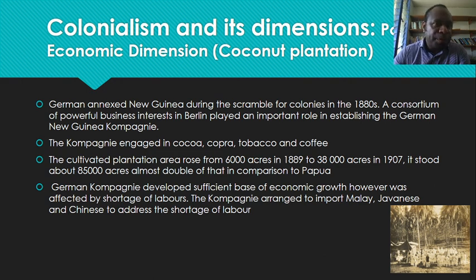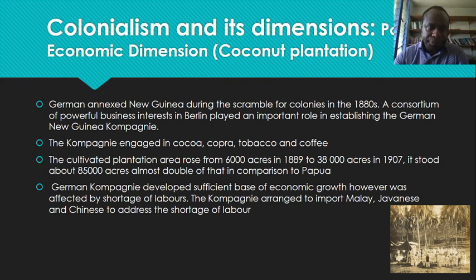A consortium of powerful business interests in Berlin played an important role in establishing the German New Guinea Company. So after that, through the New Guinea Company, came the establishment of German plantations. The company engaged in cocoa, copra, tobacco, and coffee. During the time, the cultivated plantation area rose from 6,000 acres in 1889 to 38,000 acres in 1907. It stood at about 85,000 acres, almost double that in comparison to Papua.